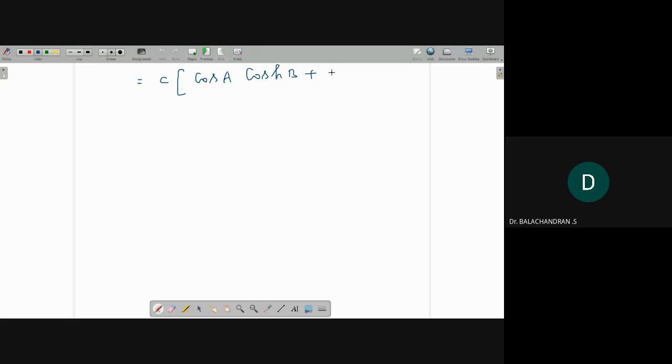So the real part, what is the left hand side? x plus iy. The real part on the left hand side is x, and the right hand side is c into cos a into cos hb. And y, that is the imaginary part. Here the imaginary part is c into sin a into sin hb.